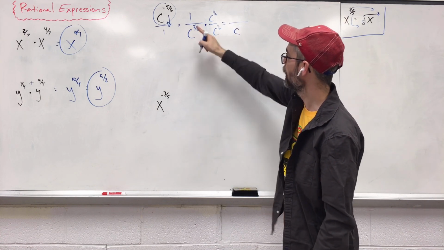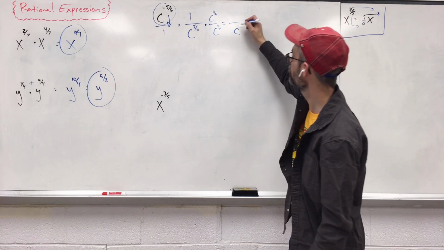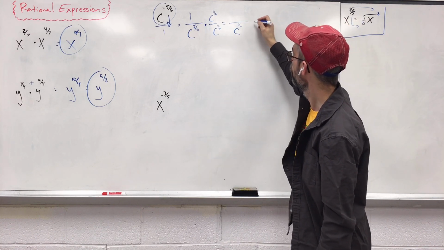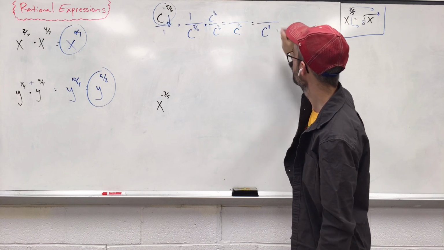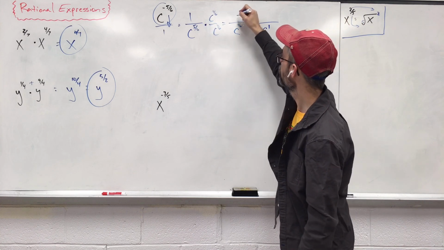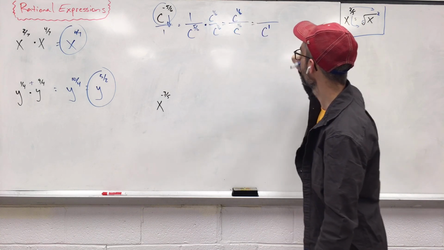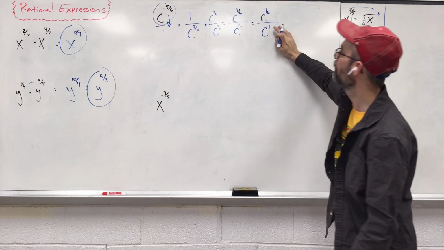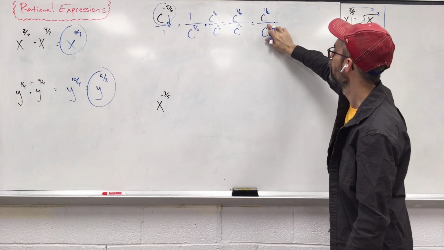I'm going to add my exponents. 5 over 6 plus 1 over 6 gives us 6 over 6, which really is c to the first power. And then up top, 1 times that gives us c to the 1/6. That's fine. Let's bring that over. And do I really even need that 1 there? No. We can leave it.